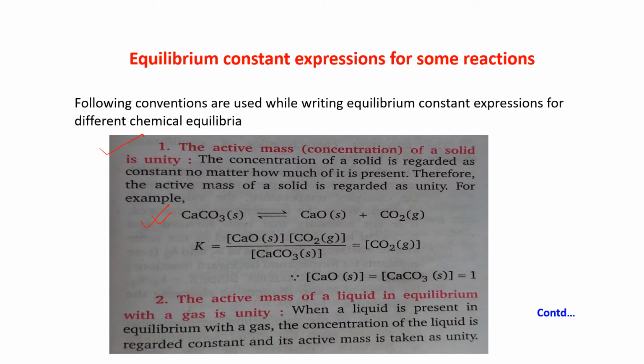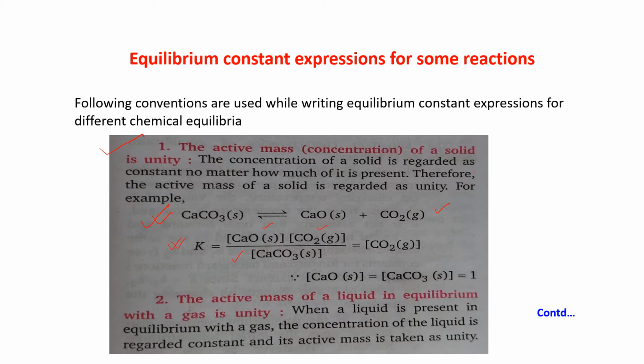It's a reversible reaction. CaO is solid, CaCO3 is also solid, but CO2 is gas. So what will be its equilibrium constant? The concentration of the product, that is CaO solid, and the concentration of CO2 gas, divided by the concentration of the reactant, that is CaCO3 in this case, which is also a solid.